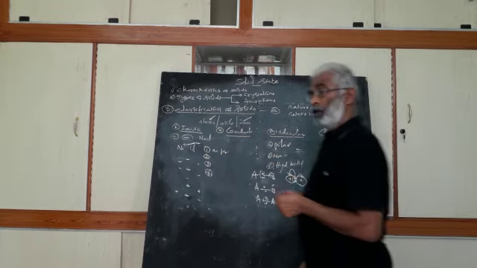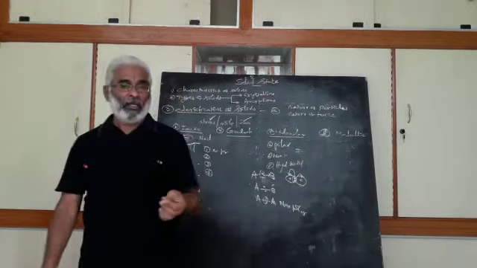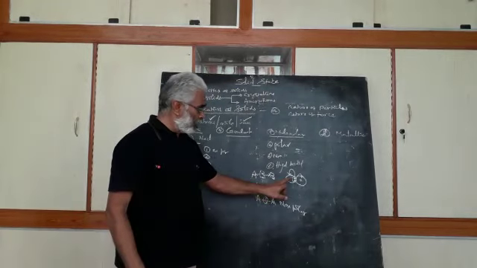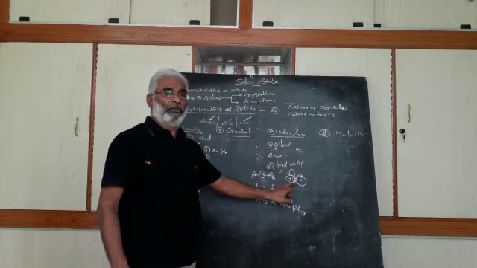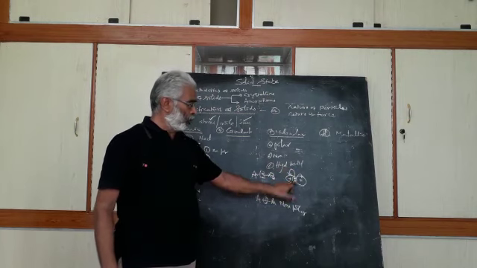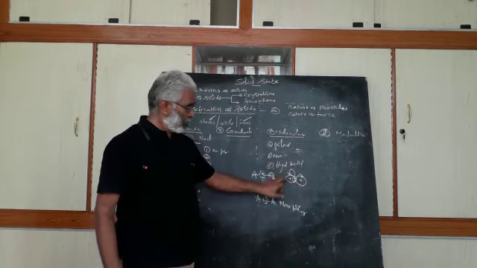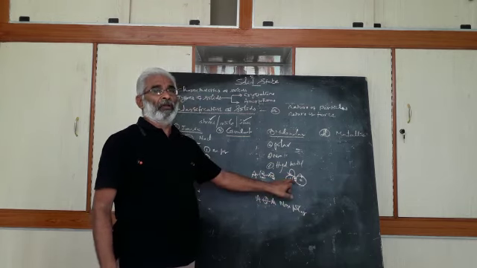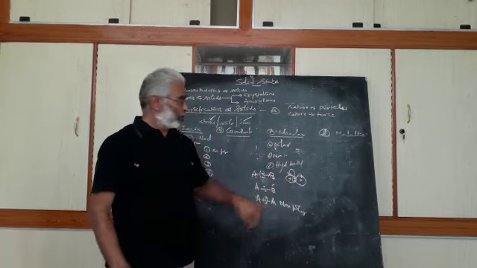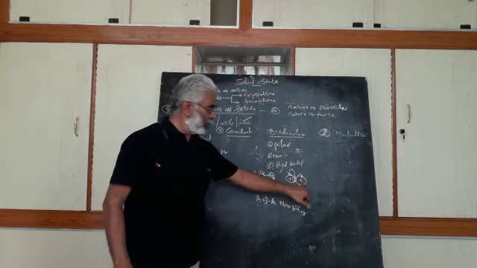I hope you remember electronegativity. Electronegativity is the tendency of an atom to attract the shared electrons in the covalent bond towards itself. This atom is more electronegative, this is less electronegative.